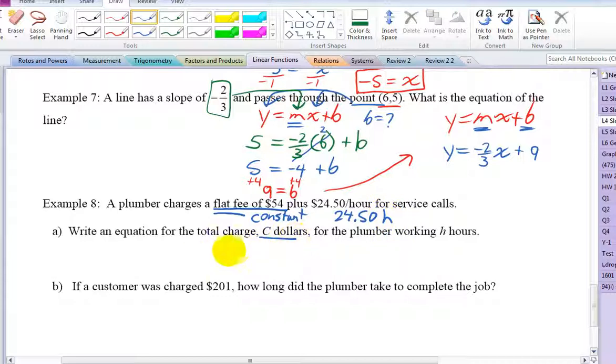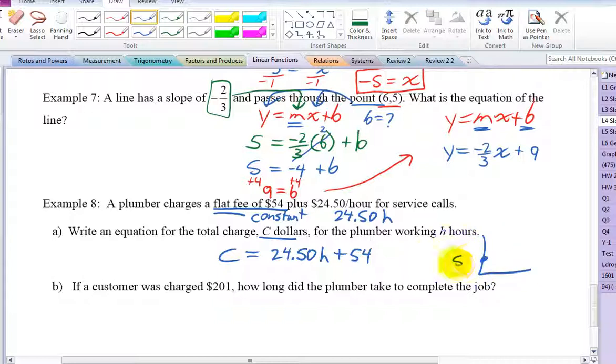So total charge, C, equals $24.50 per hour plus the $54 for showing up. Now if I graph that real quick, guess what that's going to look like?